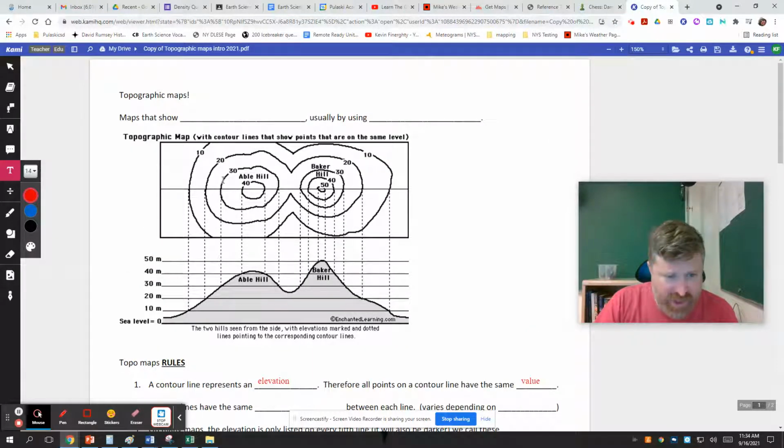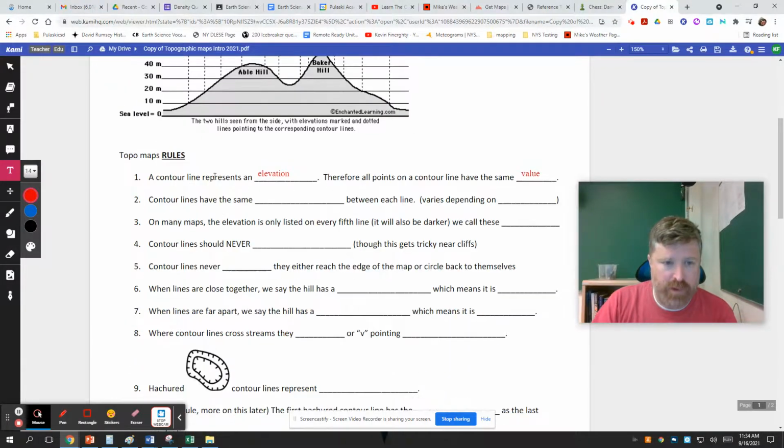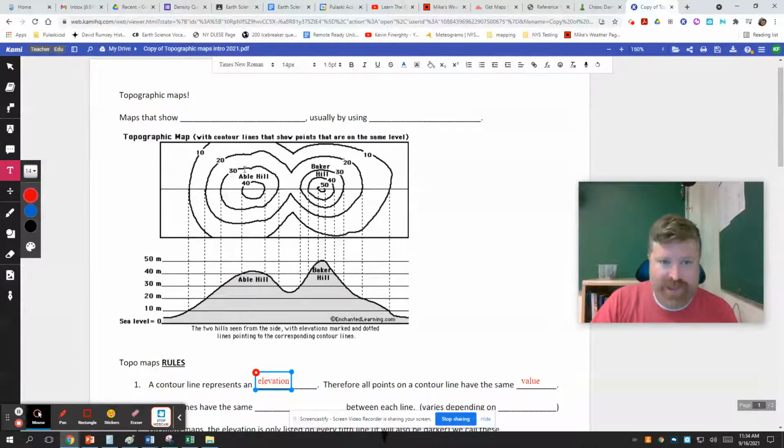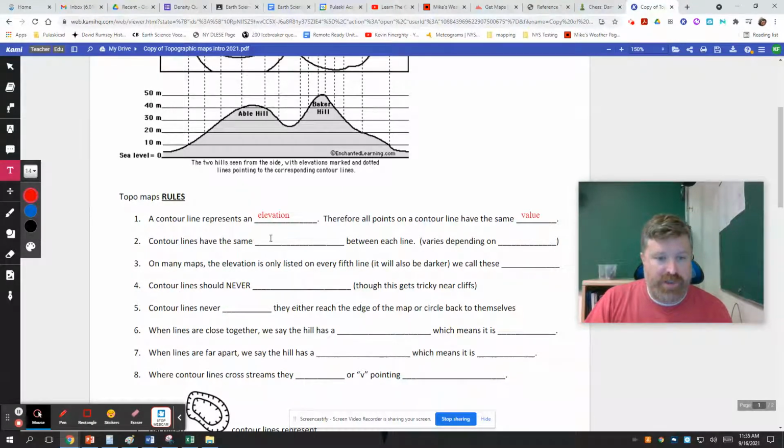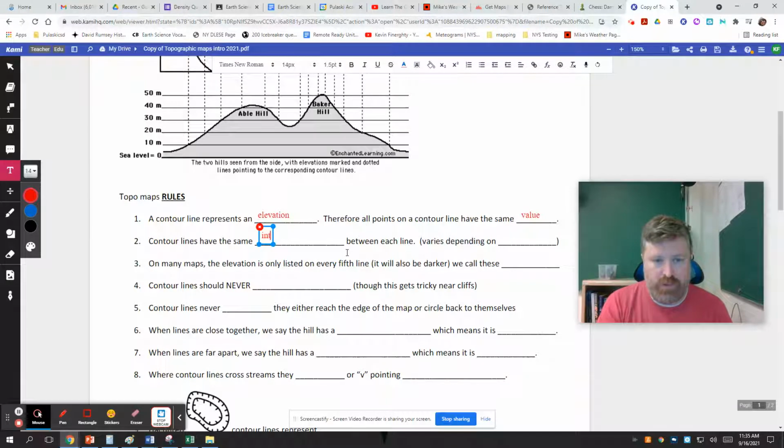If you're walking this line, you're always 30, this is in meters, but 30 meters above sea level. Everywhere on that line is that elevation. Everywhere on that line has the same value. Sound good?